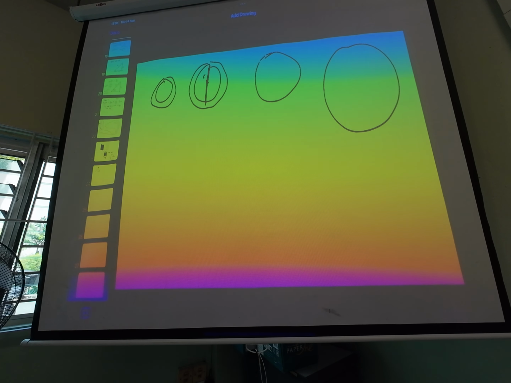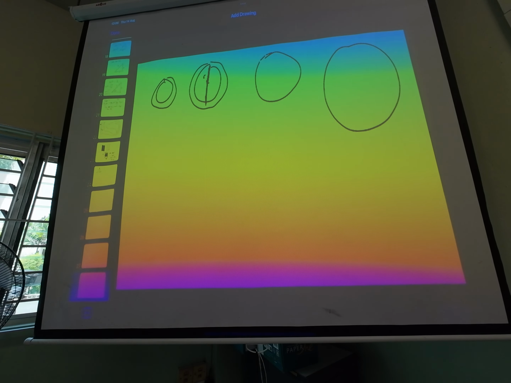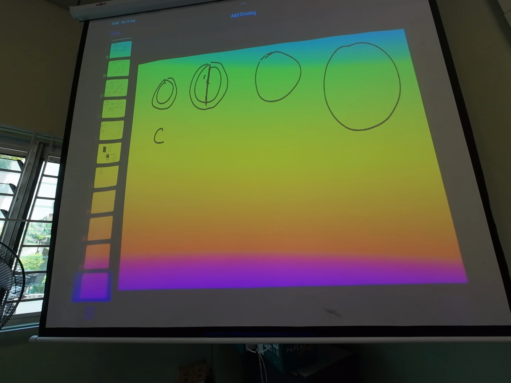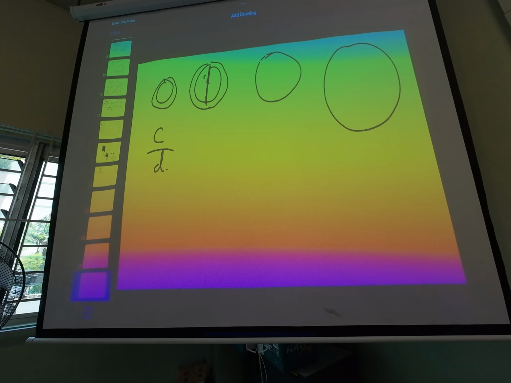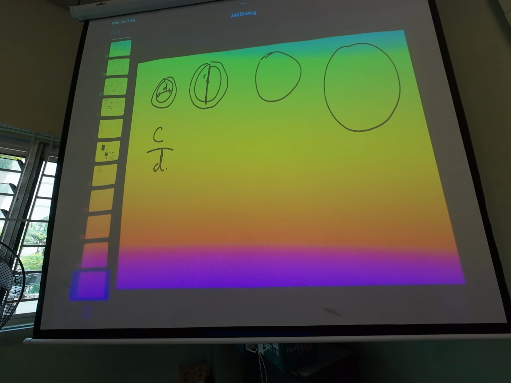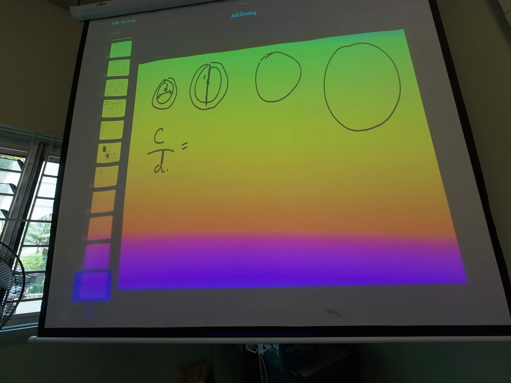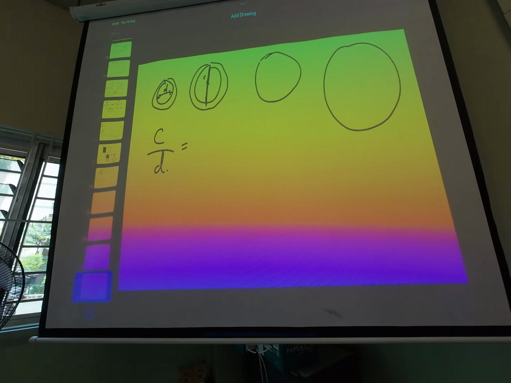Then it always gives the same number. Whenever we measure the circumference and divide by its diameter, no matter how big or small the circle is, it always gives us the same number.